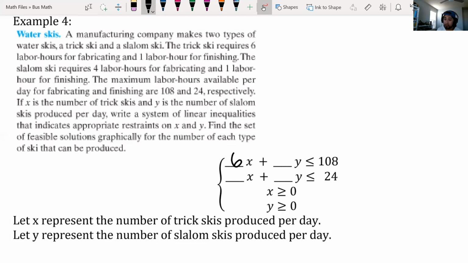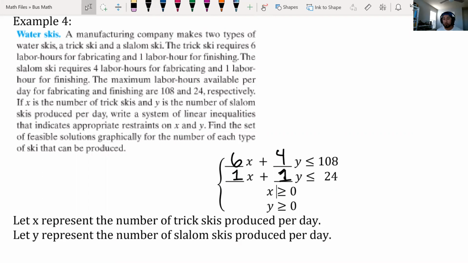Now the slalom ski requires how many hours for fabricating? I think it's 4. And for finishing, there is a maximum total of 24 labor hours, and each ski requires 1 labor hour for finishing. So this would be 1x plus 1y. And there you go.